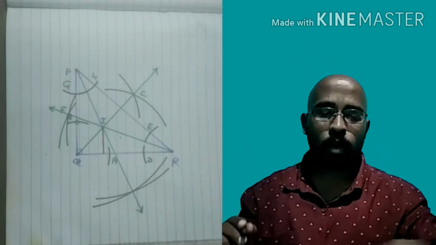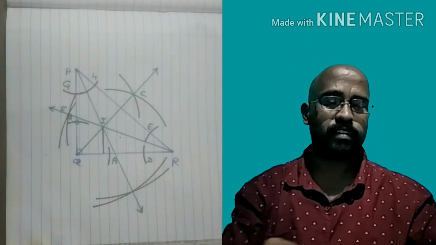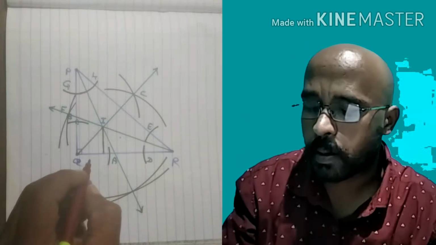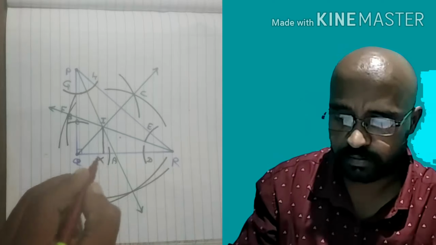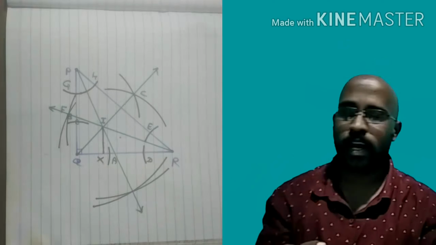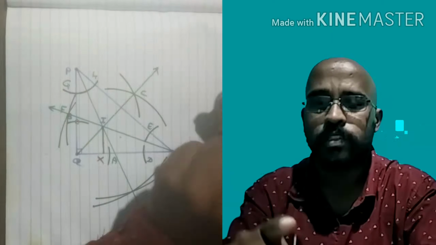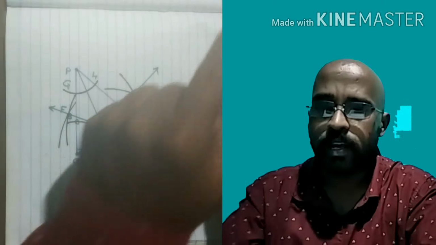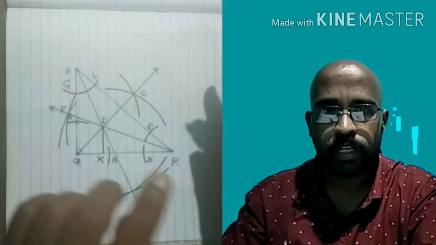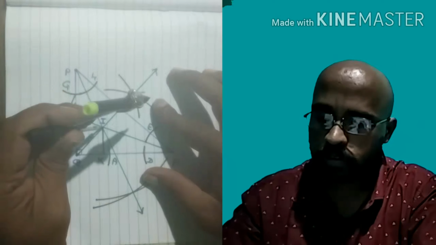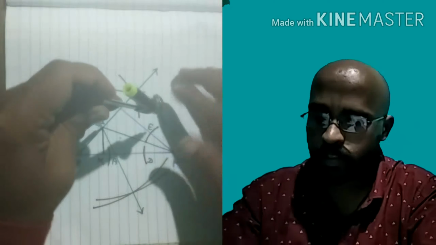Now we have to take a distance in the compass. Suppose this is point I and this is point X. We have to take the distance in the compass which is equal to IX. Means put the tip of the compass on I and the tip of the pencil on X. So let's do it.